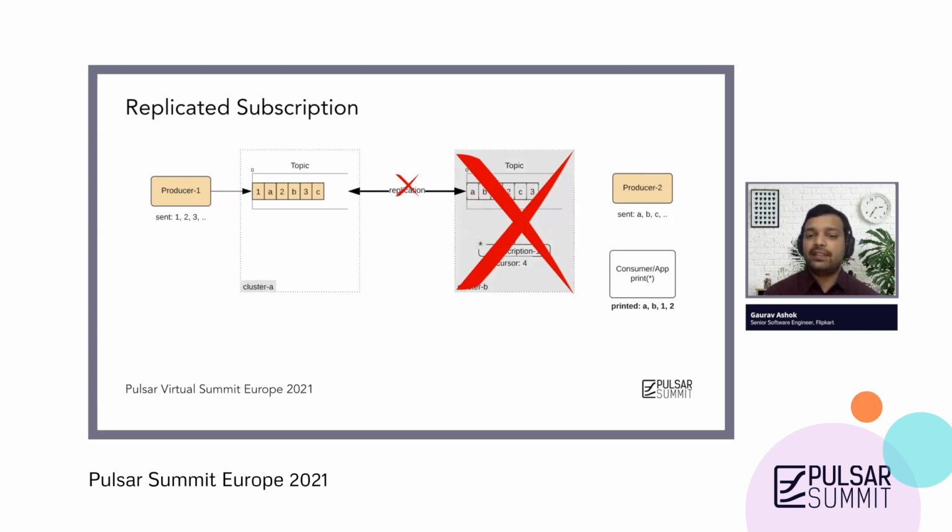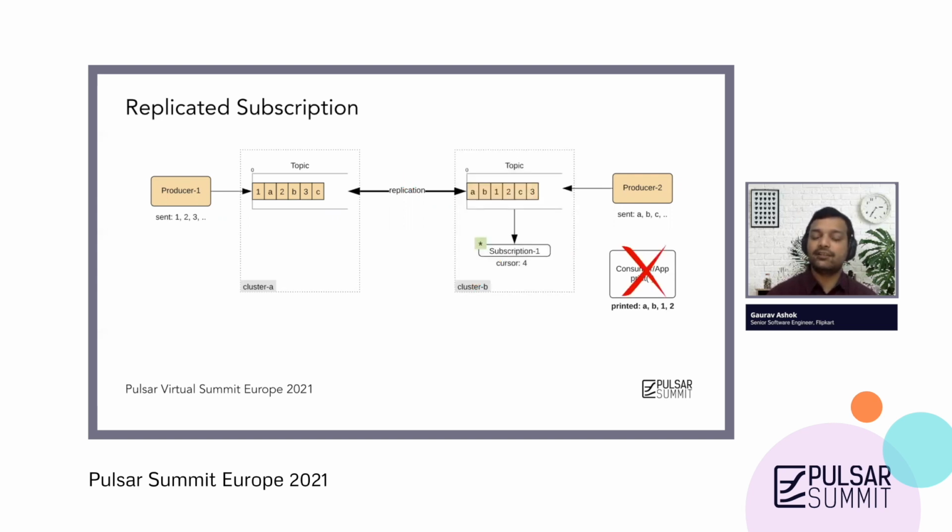So what happens if, let's say, in one cluster the Pulsar deployment itself becomes unavailable, right? And the other scenario is also possible, where Pulsar is fine, but your consumer application itself is seeing the outage, and you have no way to actually bring it up very quickly in the same place.